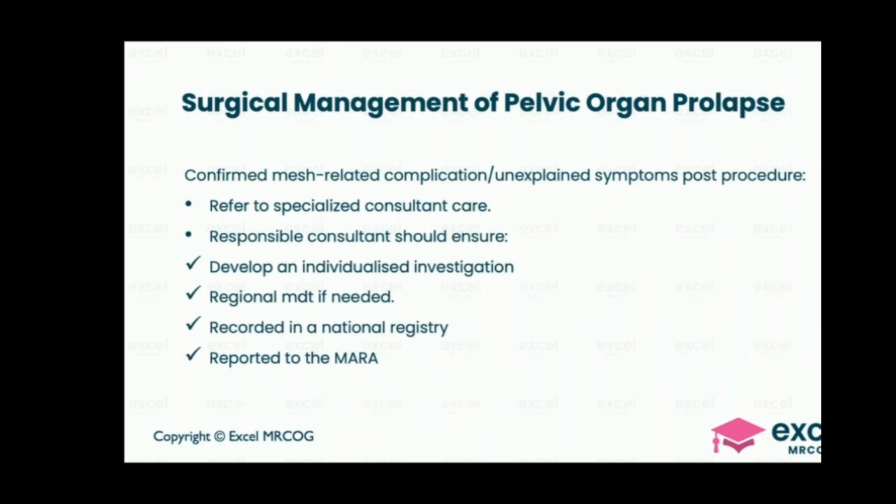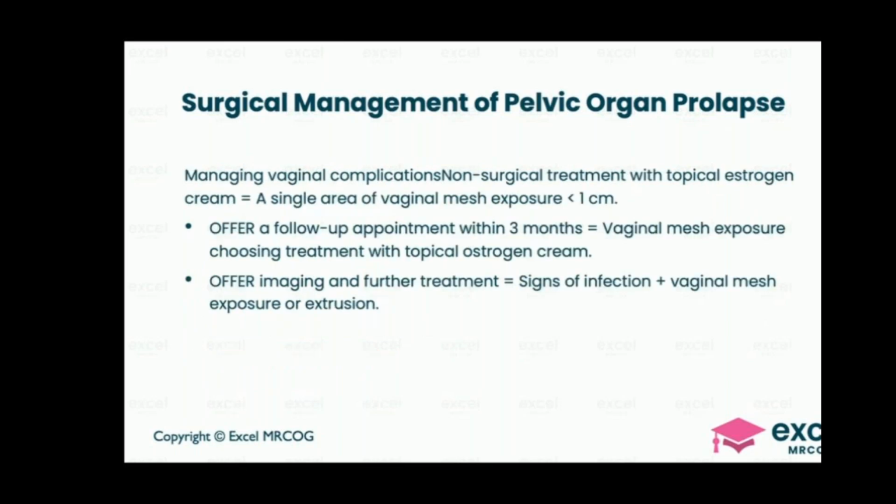Very good. Okay. So remember, if there is a mesh related problem, this is reported to MHRA. Okay, that can come as a question. What do you do when there is a mesh related problem? First of all, you follow up after 3 months. Now remember, pelvic organ prolapse surgery is followed up after 6 months. But mesh is a problematic thing, so you offer follow up earlier.